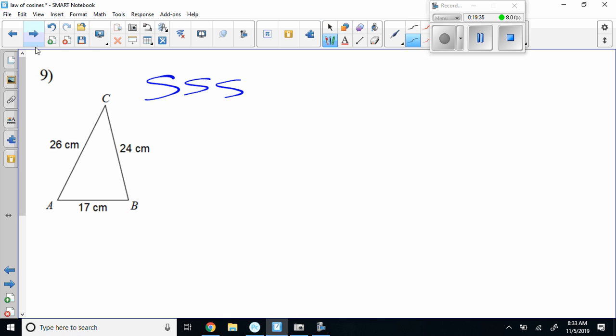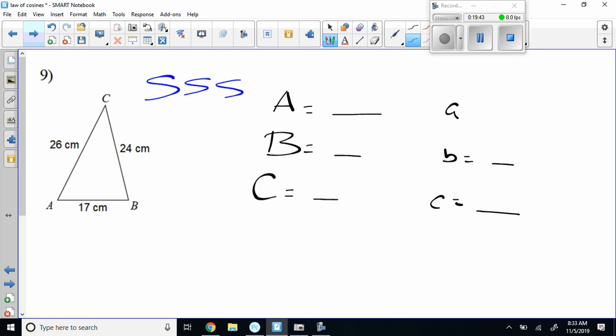Okay, so here we go. A, B, and C. You know what the really cool thing is about this? We don't have to worry about the ambiguous cases, right? I will give you this bit of insight.